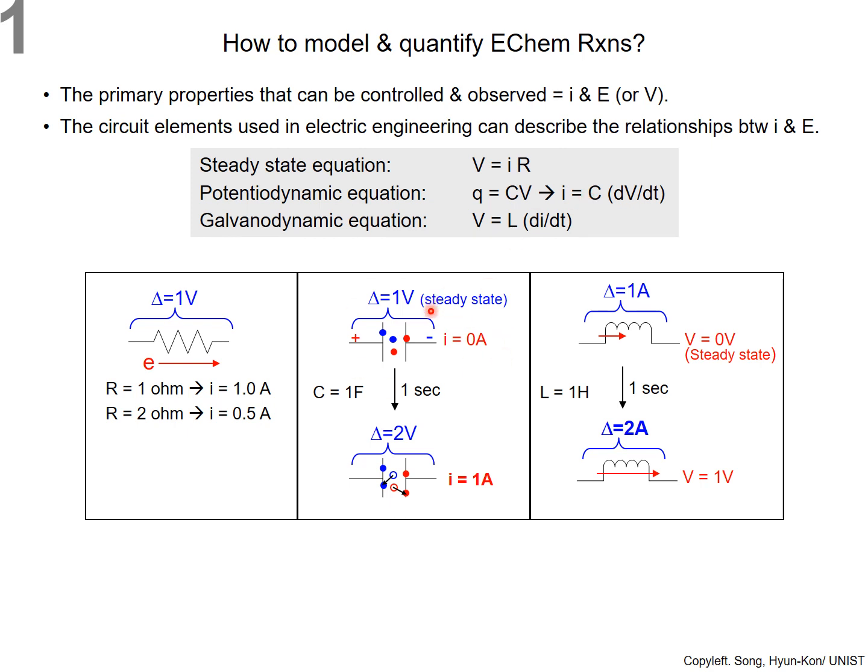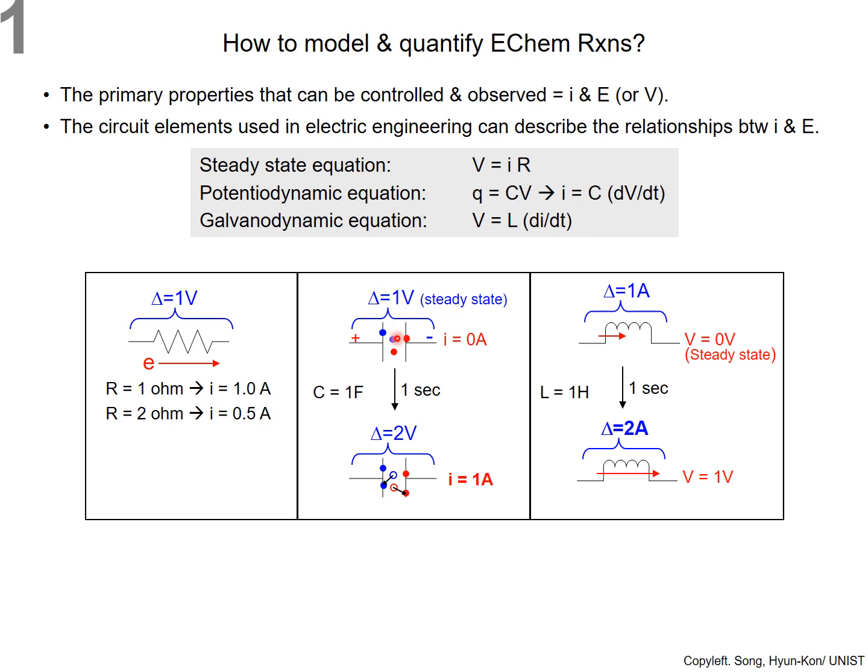Okay, here is the capacitor. As you know, a single capacitor has two metal plates as electrodes, and here those two electrodes are connected to a potentiostat, and I'm applying some potential, 1 volt. What happens?